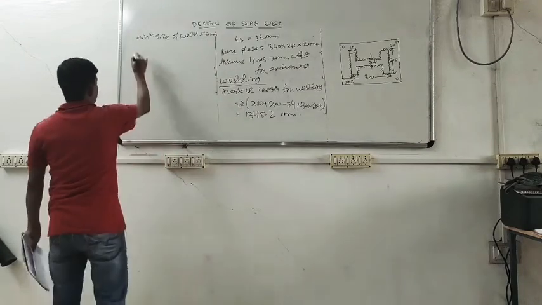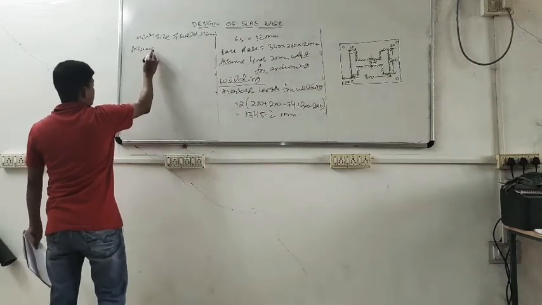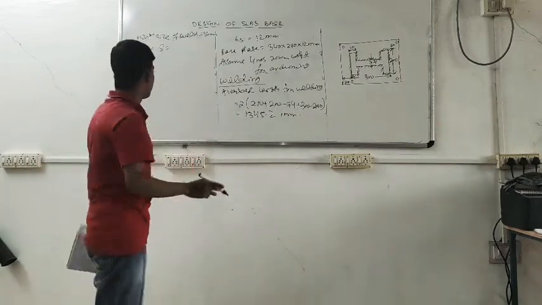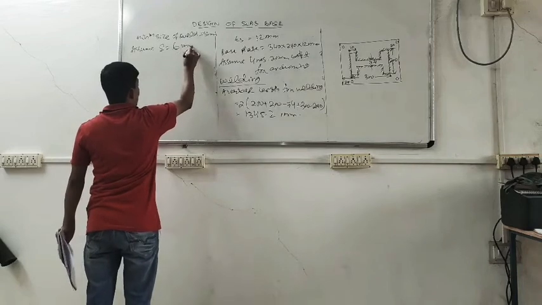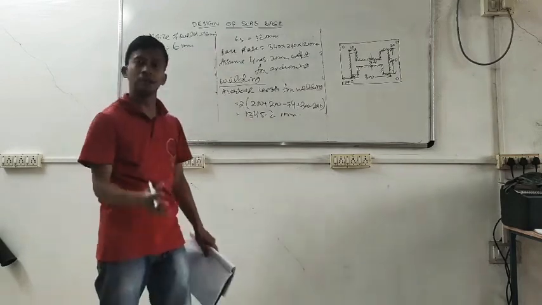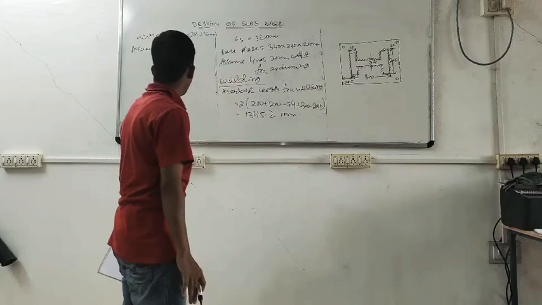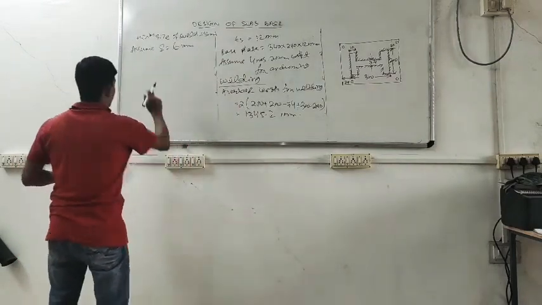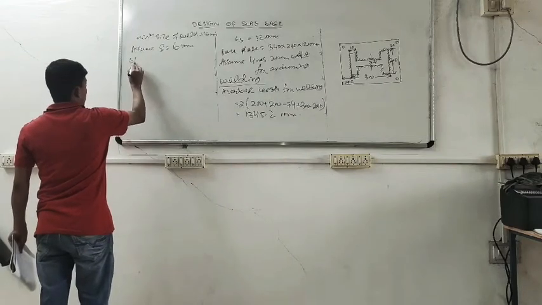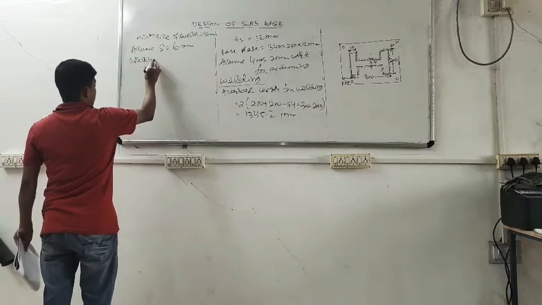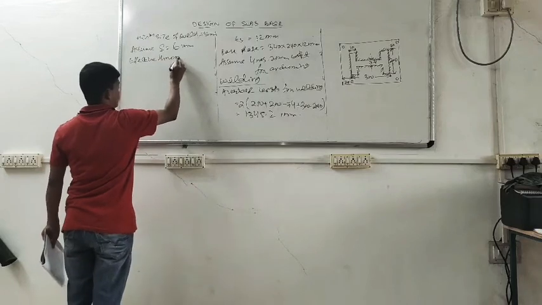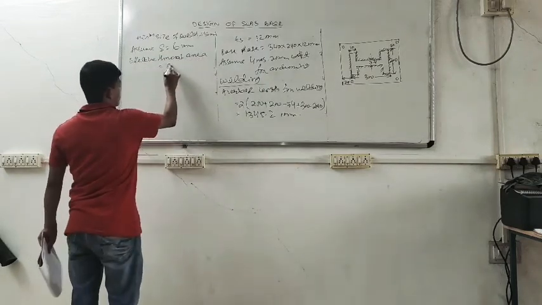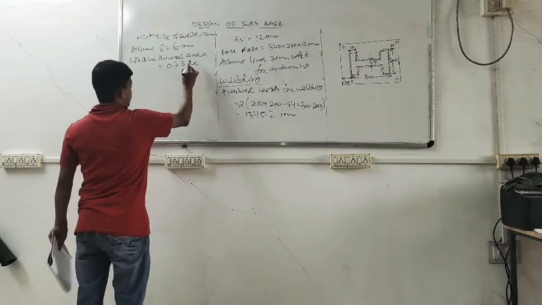So you assume the size of weld S as per your convenience; let us assume 6 mm. The minimum required is 5 mm, so I assume 6 mm of weld size. Then for this size of weld, the effective throat area, in design of weld, equals 0.7 S into LE.